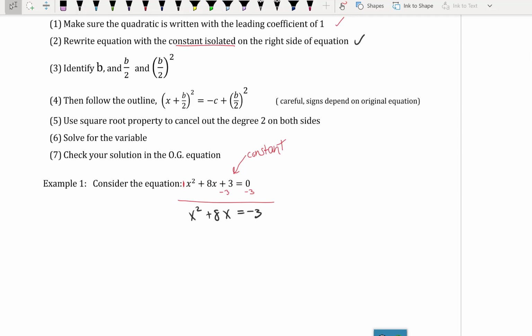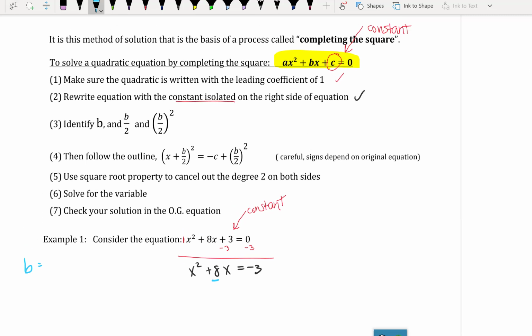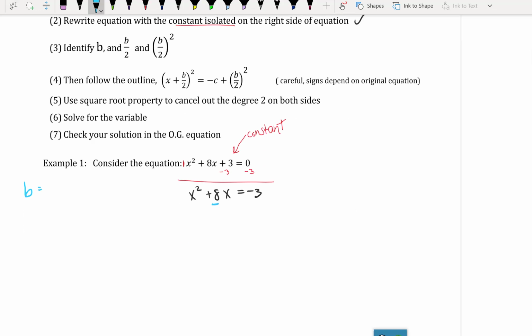Now for step number 3, it wants us to identify our b value. If we identify our b value, that's the thing in front of the x, right? So here, the b value is the thing right in front of the x. So here, my b is equal to 8. So if I were to divide it by 2, well, 8 divided by 2 is 4.